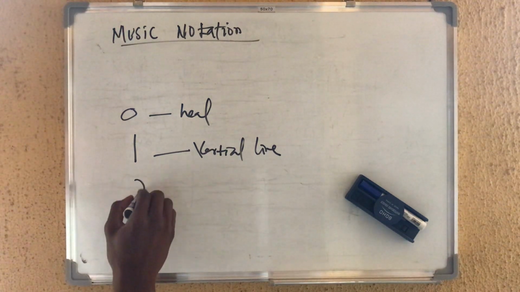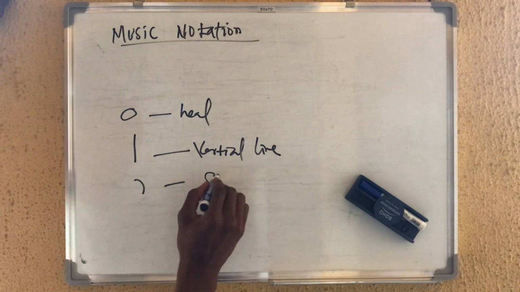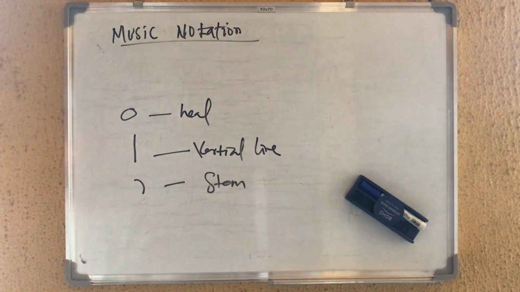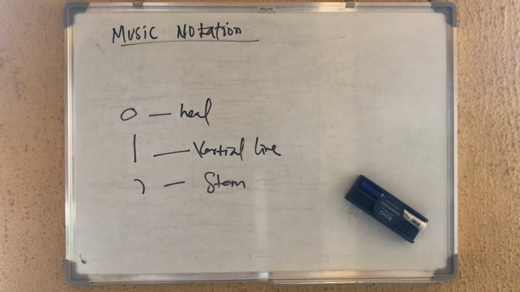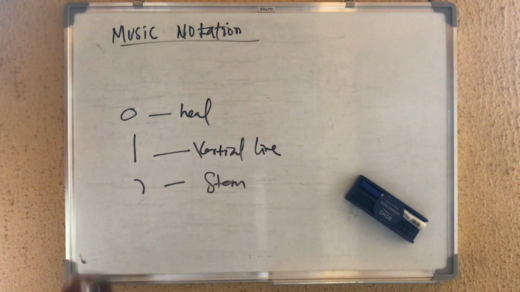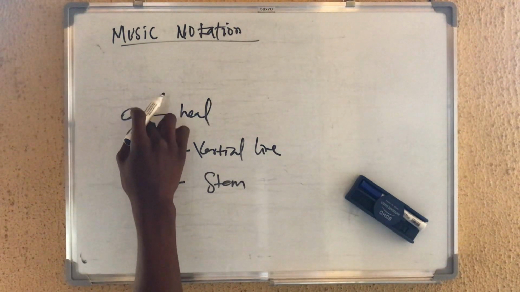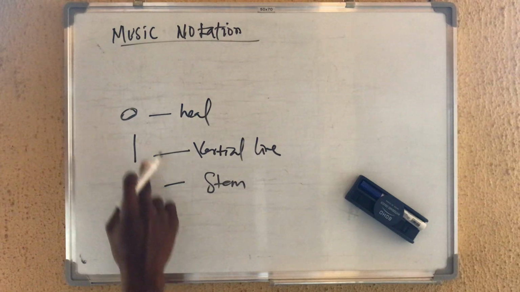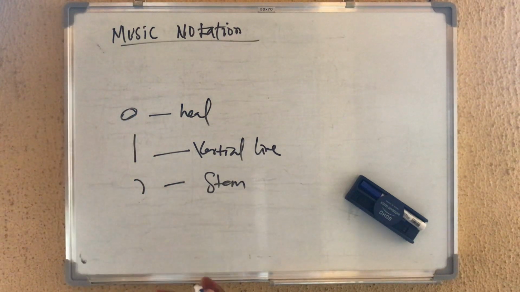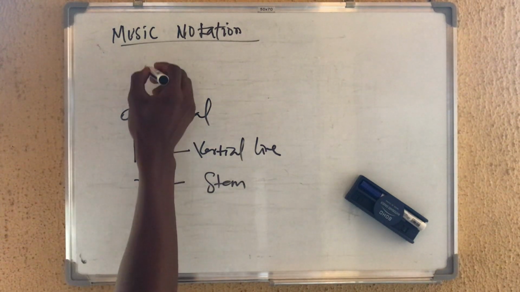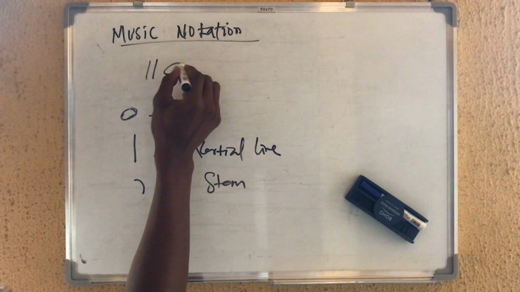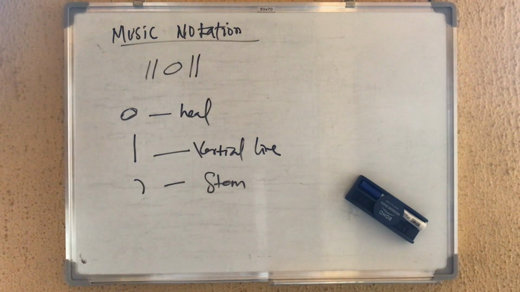Then we'll have the stem. These three things are what we note. Any note that doesn't have a vertical line attached to it or a stem is a semibreve. So then when you have something like this with a head and this, you know it's a breve.